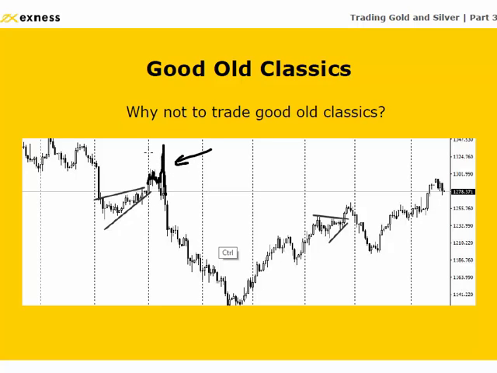Here you see that it was the election in the United States, and the market first generated a false breakout to the upside, then a breakout to the downside. So it's a bit manipulative, but you have to keep an eye and be ready to re-enter in the opposite direction.